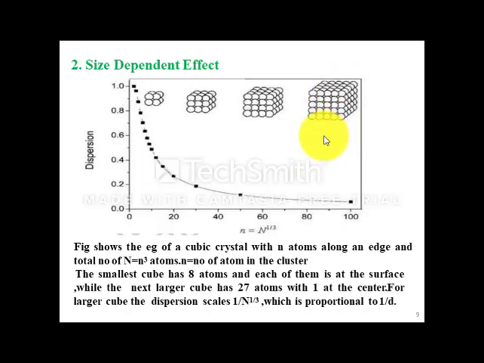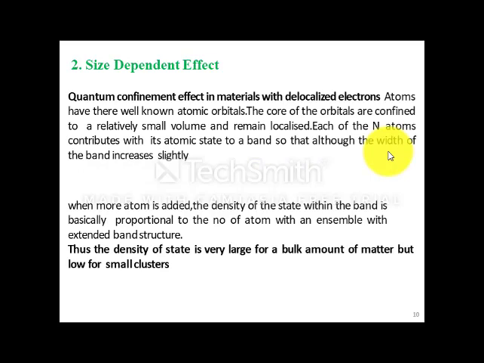So this is the size effect. You can say the surface area decreases if the size increases, and if the size decreases, the surface area increases. So it is a very good example to show the size effect.